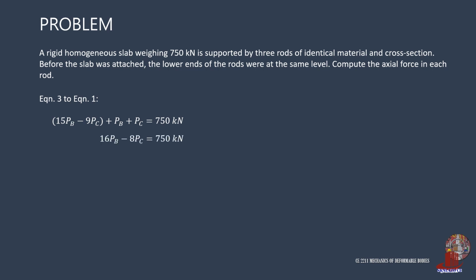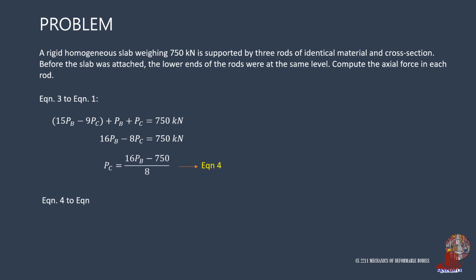Collect similar terms and have 16 P of B minus 8 P of C as 750. Or we can take P of C as 1/8 of 16 P of B minus 750. This is then equation 4.